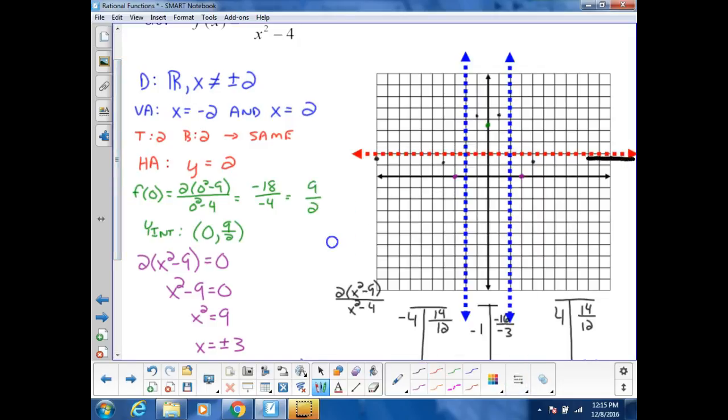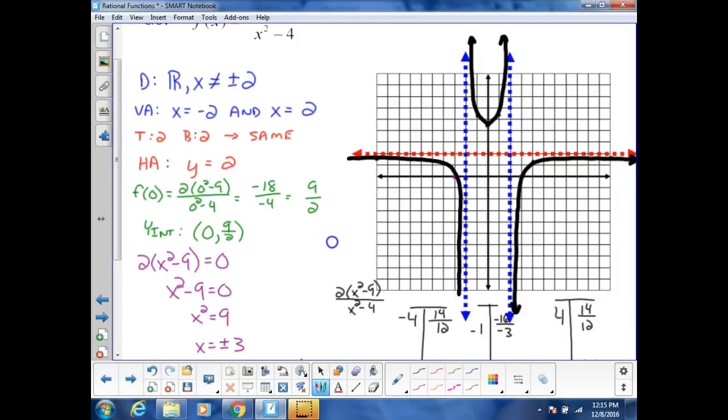Comes in from here. And down. Thing of beauty.